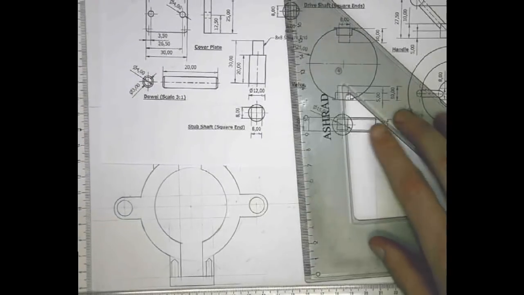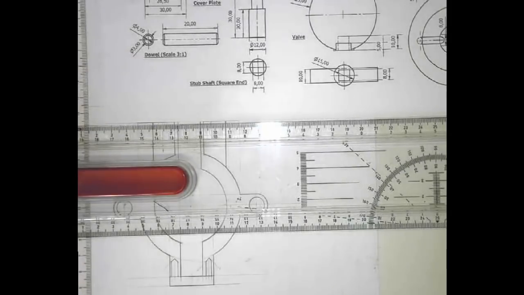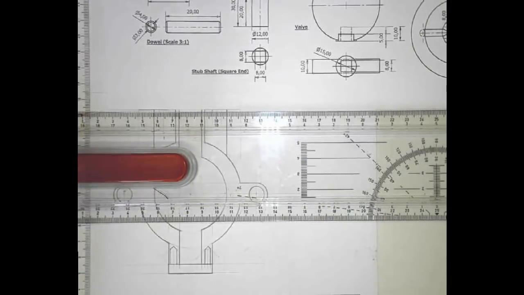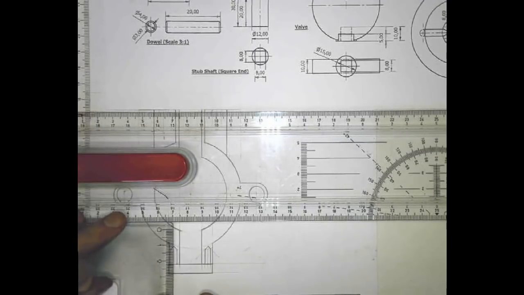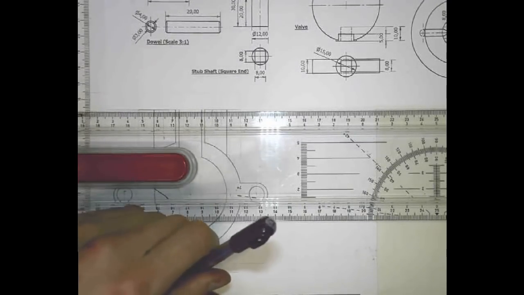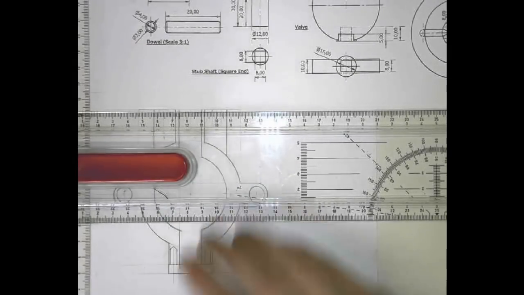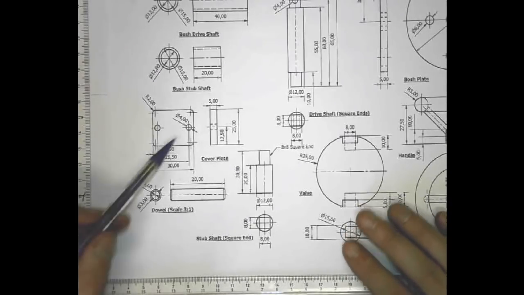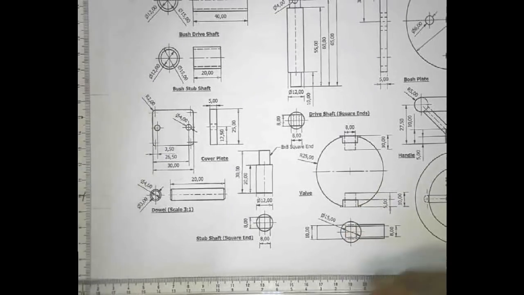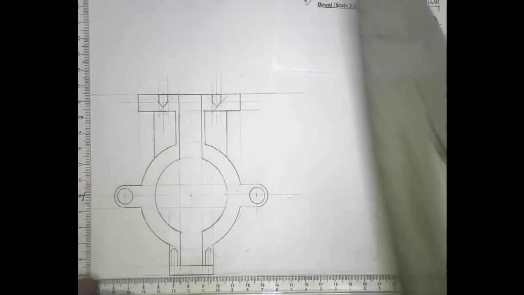For our holes, we can project from the center lines of the holes on the above component because it's the same position. And then we can check our hole diameter is 4 millimeters, which was the same as the hole diameter on the housing.